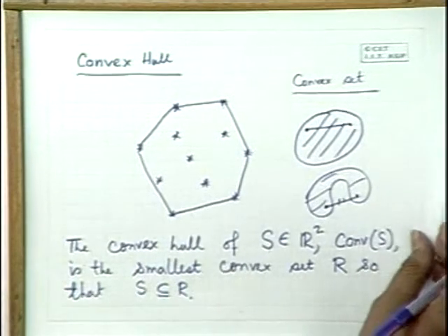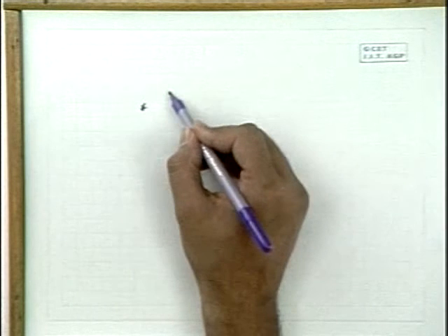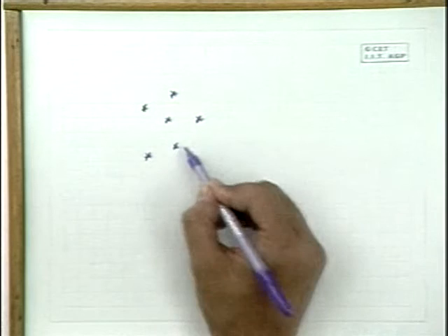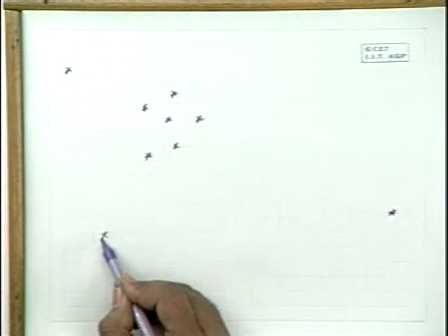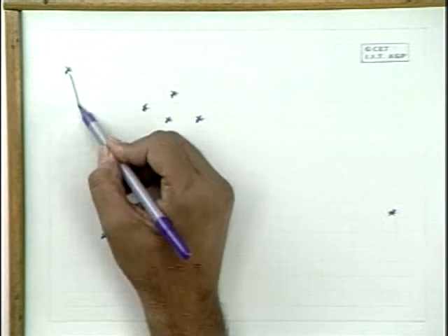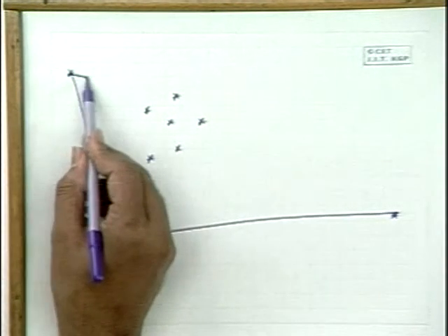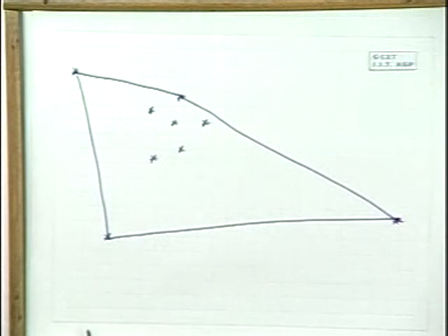So let me draw some more pictures to give you the idea of a convex hull, because it need not be so nicely symmetric. So suppose I have been given this point set. For this one, I join this and this, the convex hull I am drawing is this. So this is the convex hull of this point set.